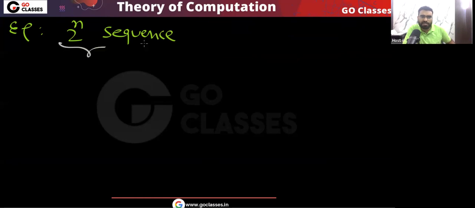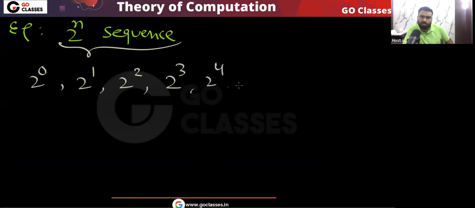Let me give you one more example. Consider this sequence, the 2 power n sequence. In this 2 power n sequence, tell me, do we have uniform distance between consecutive elements? Basically, 2 power 0, that is 1, 2 power 1, that is 2, 2 power 2, 2 power 3, 2 power 4, 2 power 5, 2 power 6, 2 power 7, and so on.